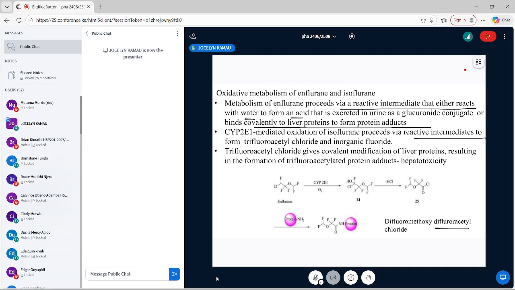And because of that positive charge, this carbonyl group can be attacked by nucleophiles with release of the chloride. And when that forms, it is the same thing. It will form the adducts, as we have mentioned, of halothane, and those are the ones that will be responsible for the toxicity.